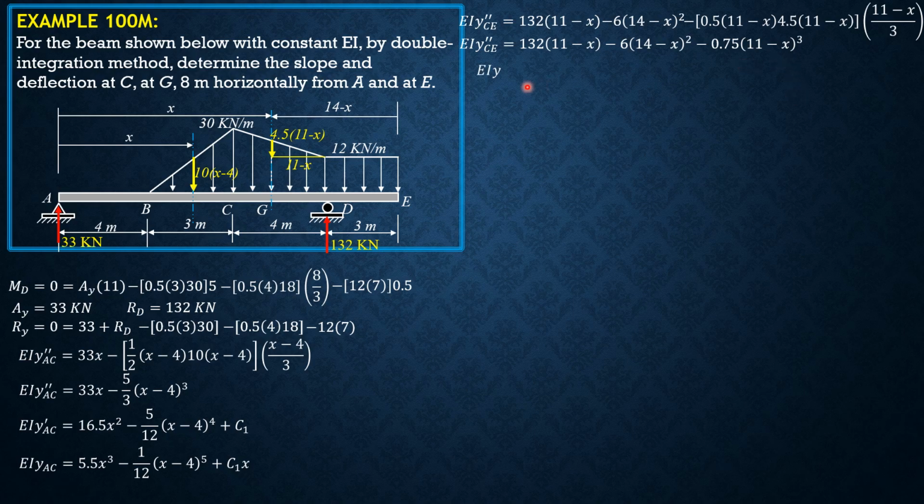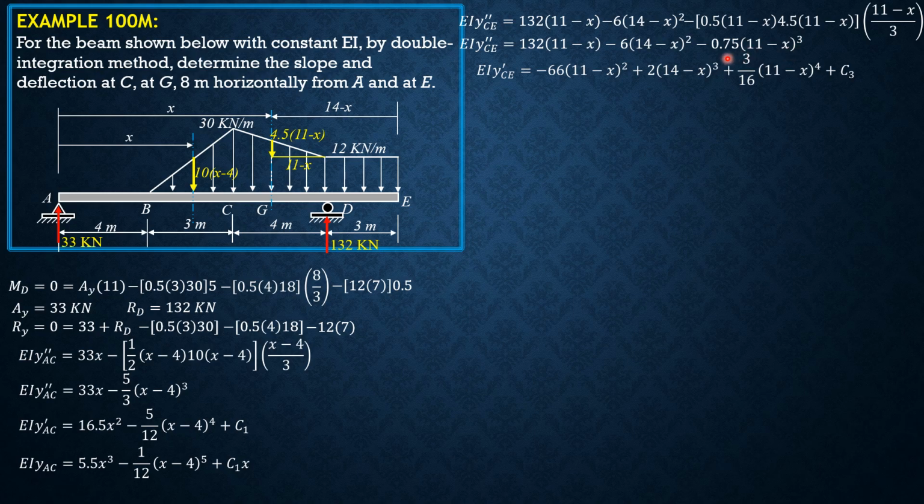So integrating once, EI y prime CE is negative 66 times 11 minus x squared, negative because this is the integral of 11 minus x, take note minus x. Then this is positive, divide by 3, so 2 times 14 minus x cubed. Then this is again negative of negative because we are integrating 11 minus x quantity cubed, so the differential of 11 minus x is negative differential x.